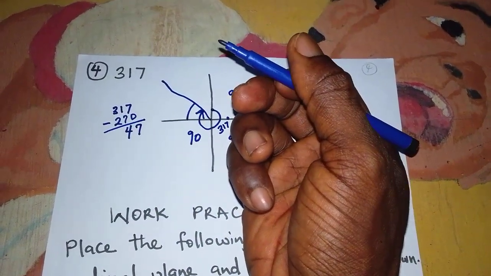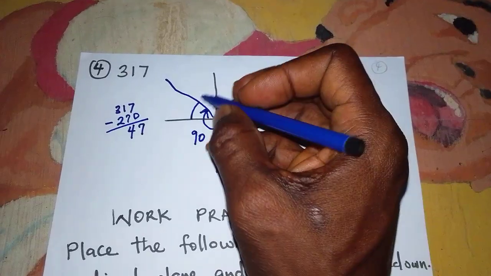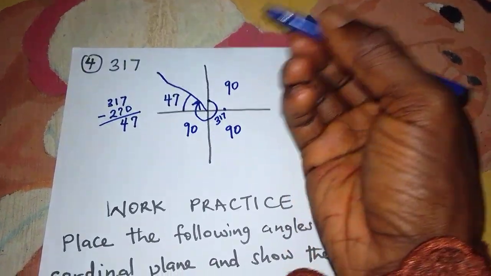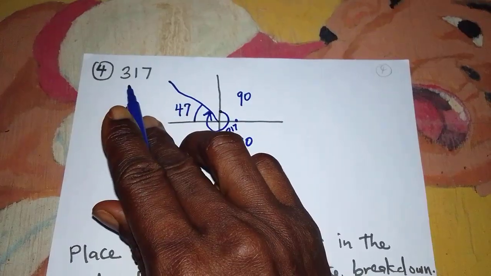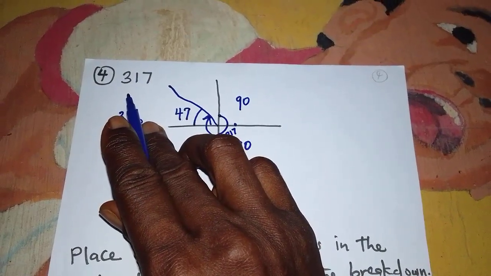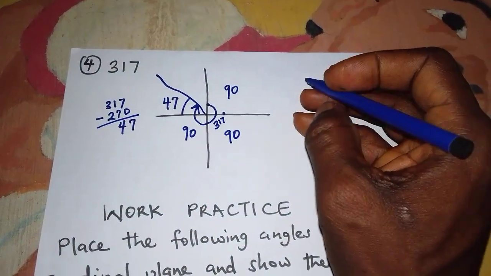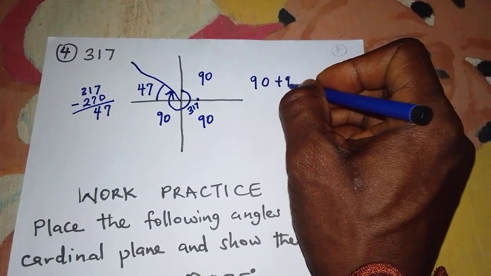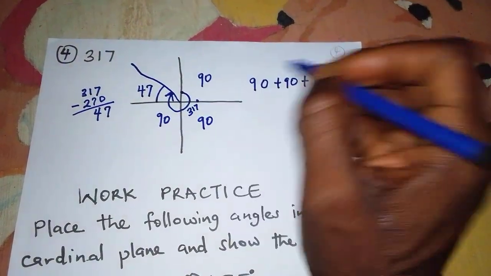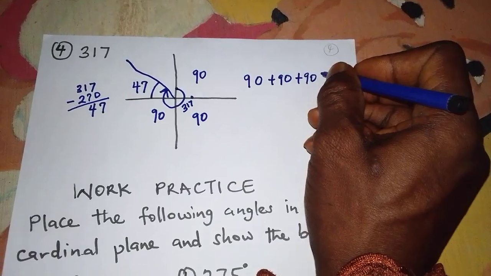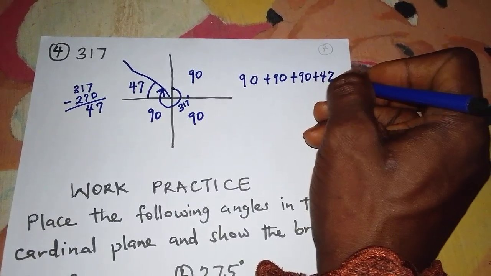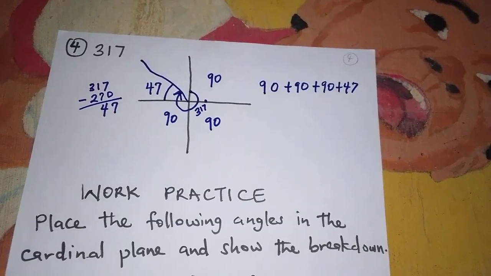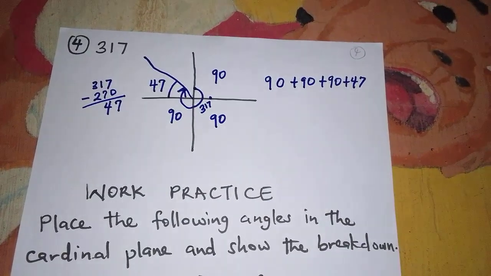So it means you're having 47 degrees. So that means the remaining angle here is 47 degrees. So when you are breaking down 317 into its quadrants, you're having 90 plus 90 plus 90 plus 47 degrees.